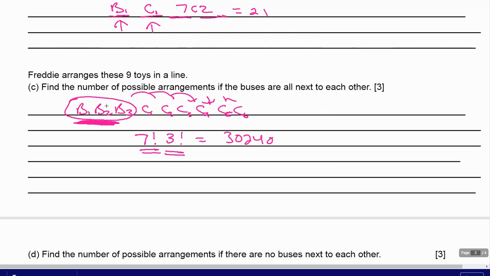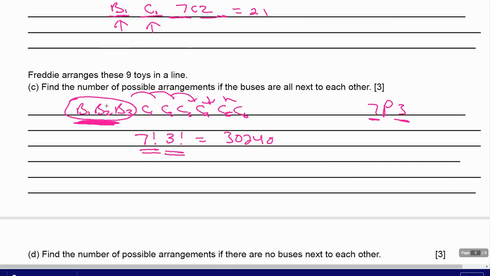Well, what do you mean placing? There's choosing and arranging. Which one are we doing here? Exactly. Oh, you mean this? Where I go 7p3? Because what happens is I only use this when I have 7 things, but I'm only arranging 3 of them.